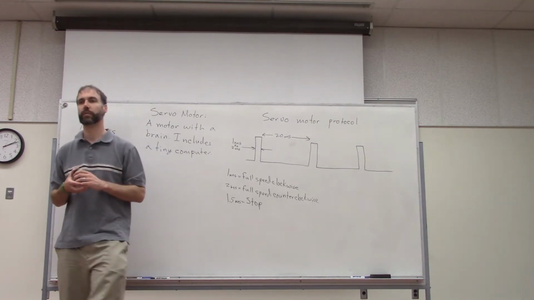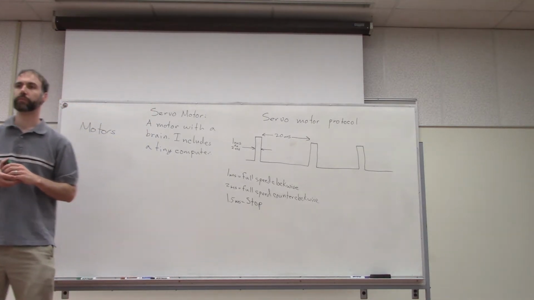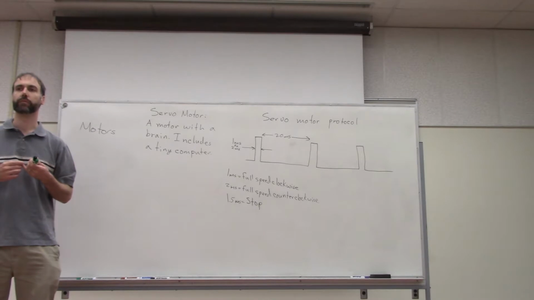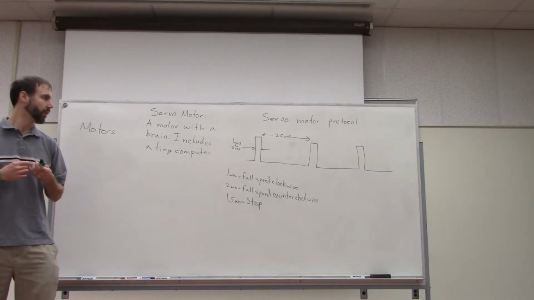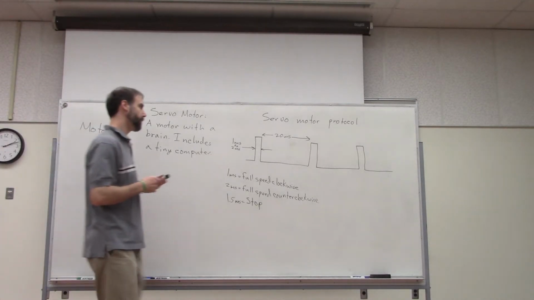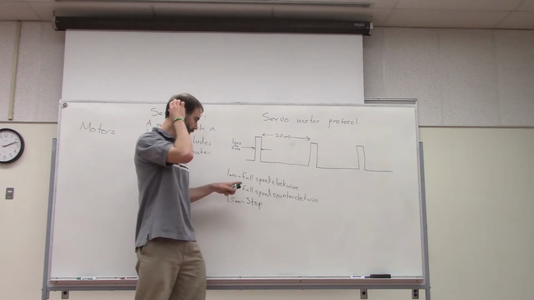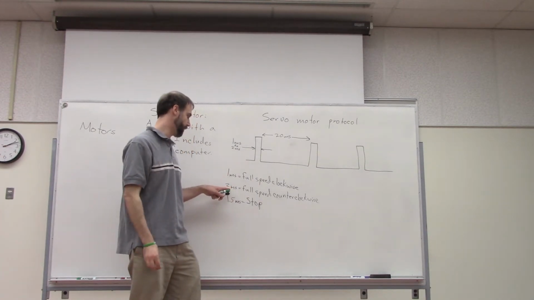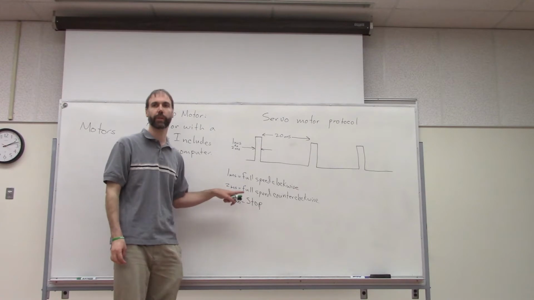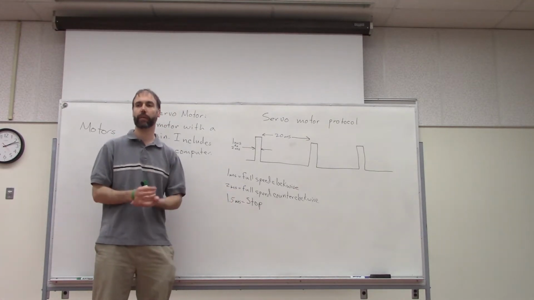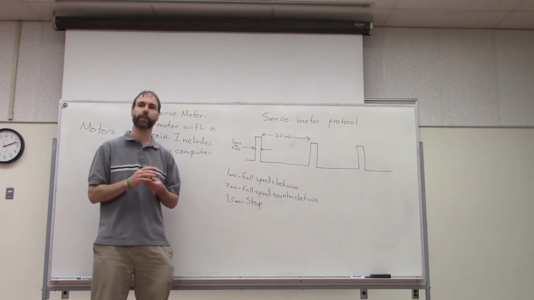What happens if it receives a pulse width that's outside of that range? So I think if it's a little bit outside of the range, say it was like 2.5 milliseconds, I think it would still be okay. If it starts getting too big, I don't know exactly what happens.